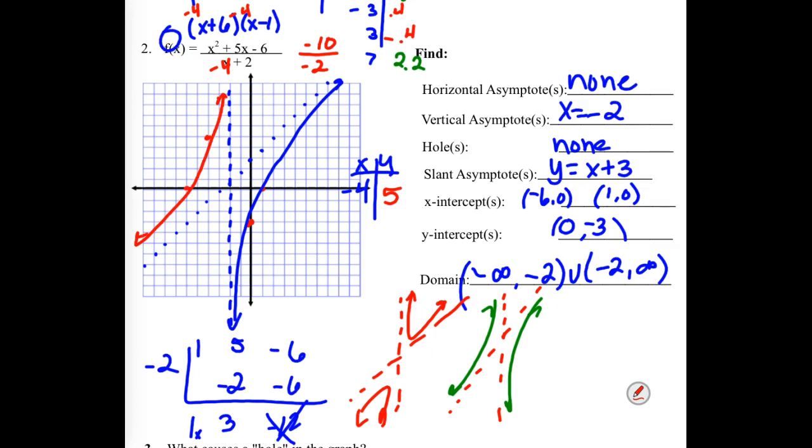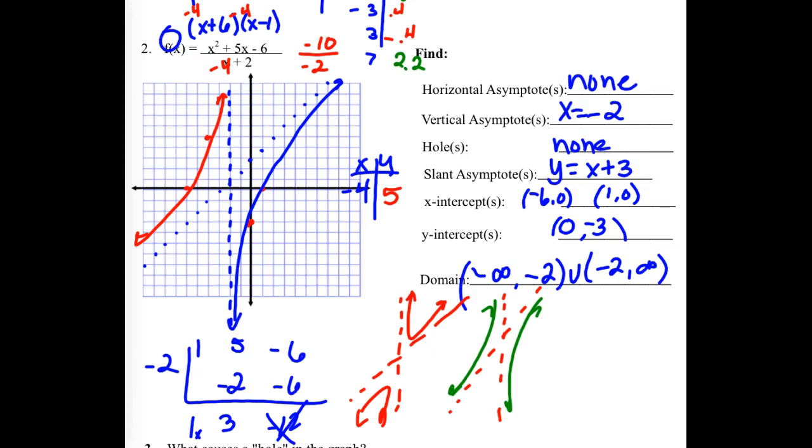Okay, now, a couple things about your graph. It is very common, every year this happens, students fill out all the stuff that we put in the blanks on the right-hand side correctly, but their graph doesn't match it. We said that we should have X-intercepts at -6 and positive 1. And yet some students will turn in a graph and it's not crossing at -6 and positive 1.